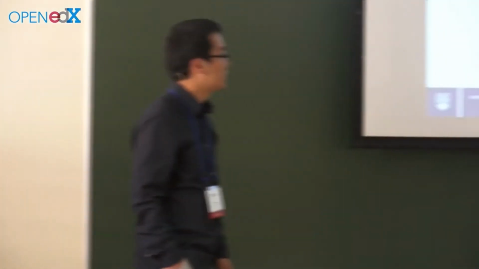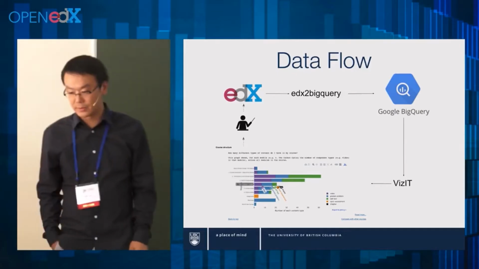Once the data is inside BigQuery, we use a tool called VizIT. It's a tool that queries BigQuery and then generates different charts, which you will see later. This is one example chart describing the course structure.